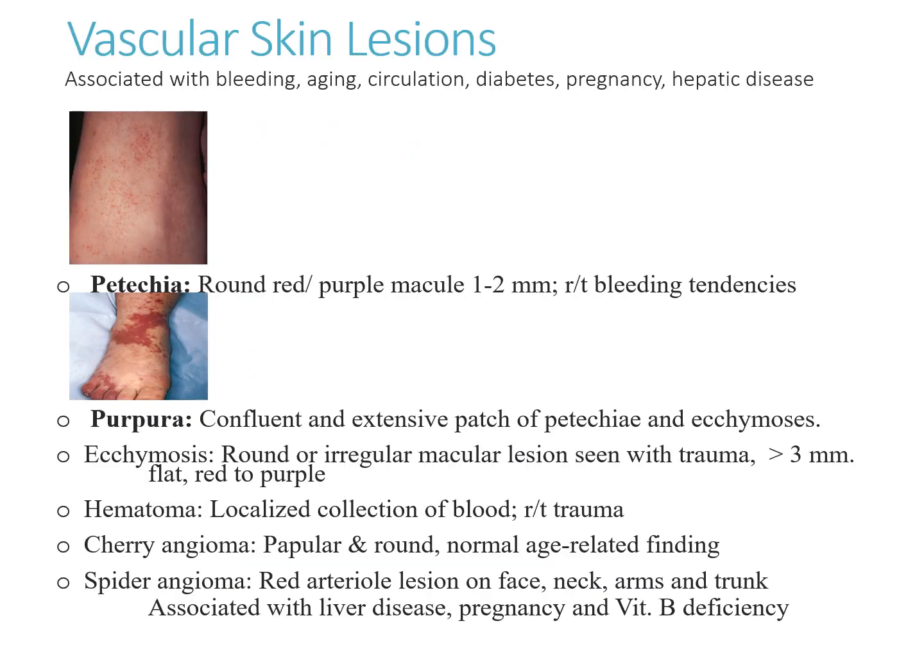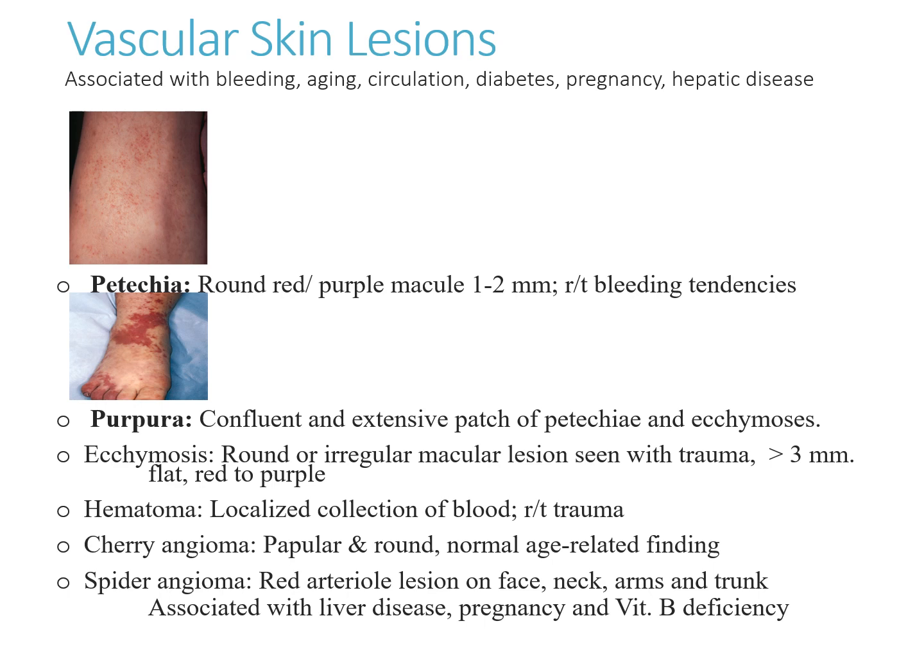So these vascular skin lesions are definitely precipitated by aging, any circulatory problems like venous or arterial insufficiency can really precipitate some of these wounds. Diabetes affects the circulatory system. Any pregnancy or hepatic disease. We talked about jaundice and liver disease earlier and how those things are connected.